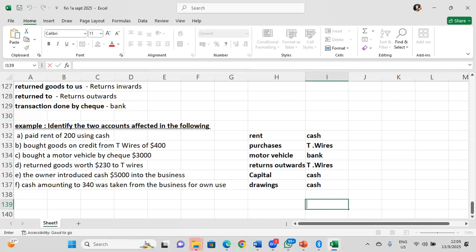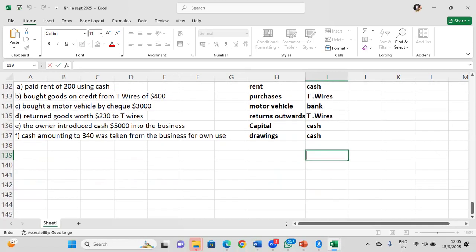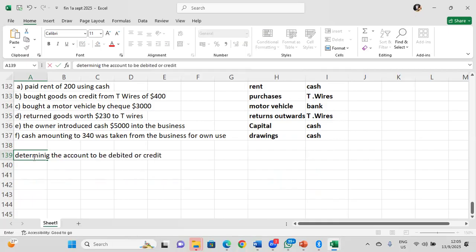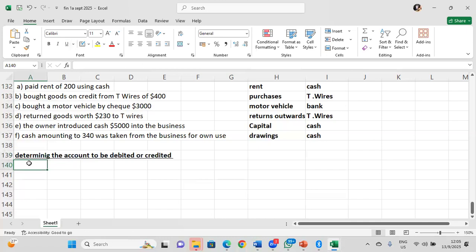After you have been able to identify the two accounts, the next step is to know which account is debited and which one is credited. Determining the account to be debited or credited. So after picking the two accounts affected, we need to determine which one is debited or credited.